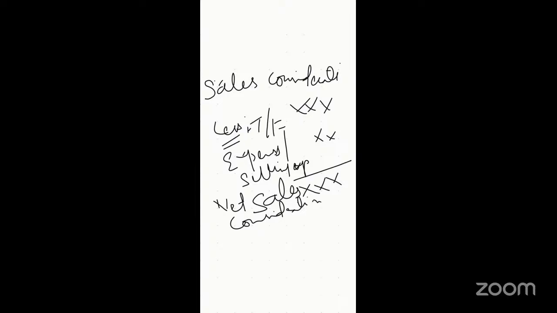From this we deduct, less, indexed cost of acquisition. This I am talking about long-term capital assets. Indexed cost of acquisition means the price at which we purchased that asset, and that will be deducted.